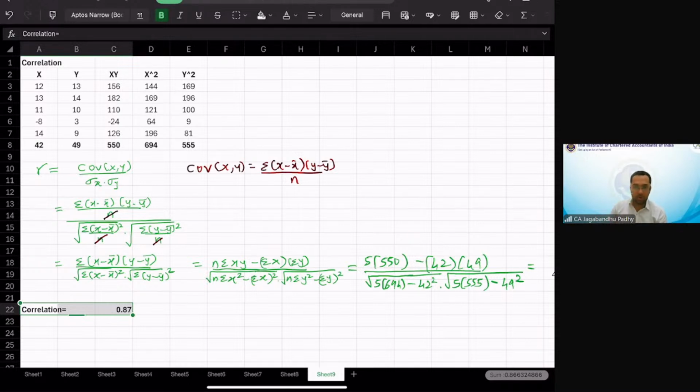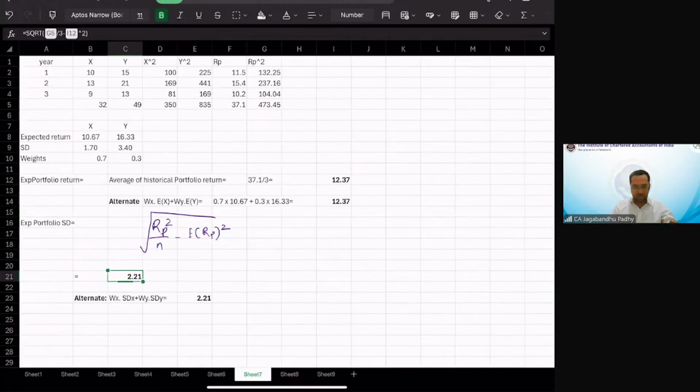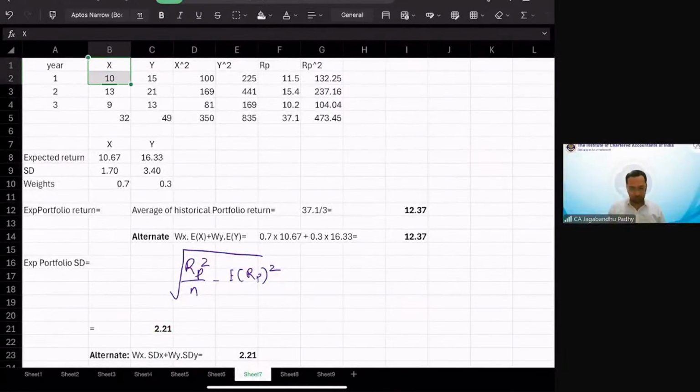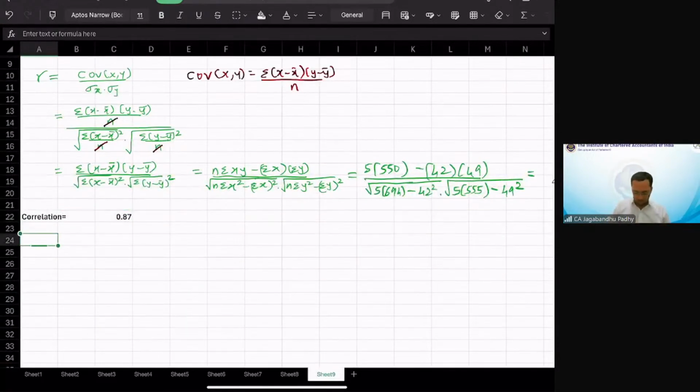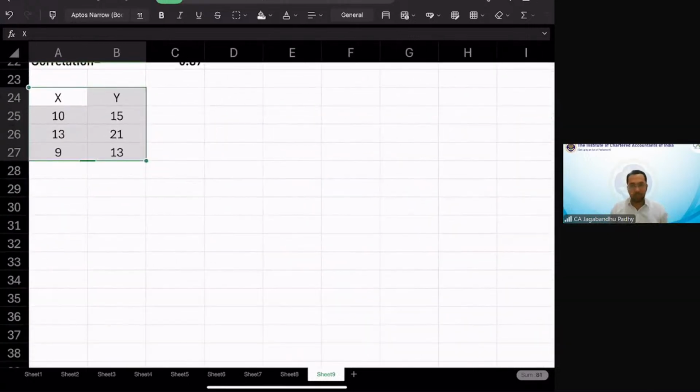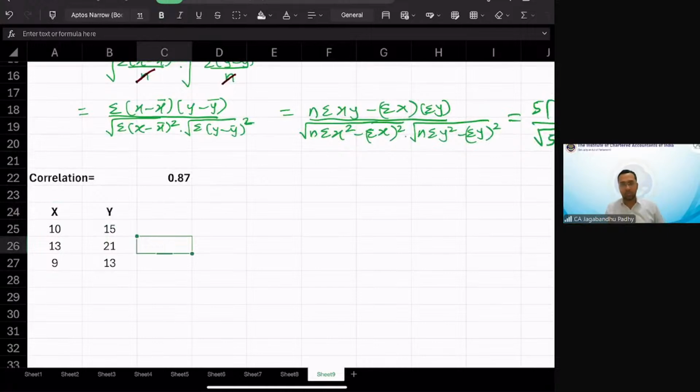Now, would you like to calculate the correlation similarly using this data? Take this data, and then just try to compute the correlation. Can you do this? I'll just keep the formula ready for you. Can you solve this?